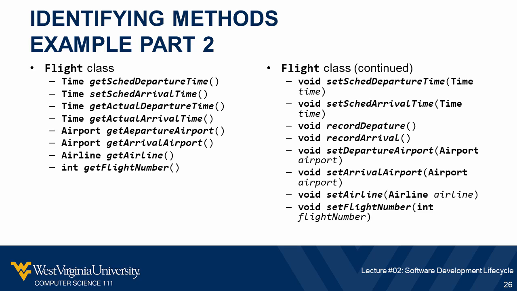But we're not taking any input parameters. We're just going to figure out the departure and arrival based on the time this method was called. It's pretty common that you'll have a set of getters and setters, and then augment it with additional methods to manipulate that data as well.